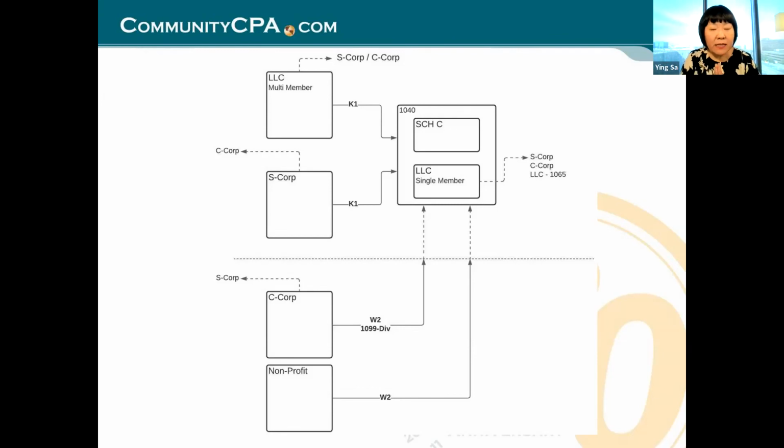Like I said, the election is really about the tax treatment. It is a filing with IRS, and most states follow what IRS is doing. So if you elect to be S corporation, your state will be S corporation filing as well. So that part is straightforward. There's no other complexity that would play into it.